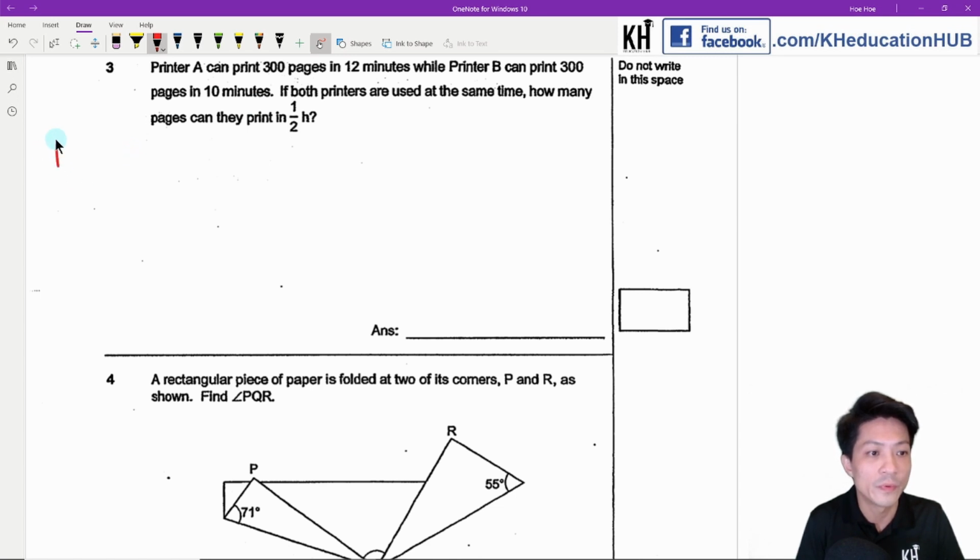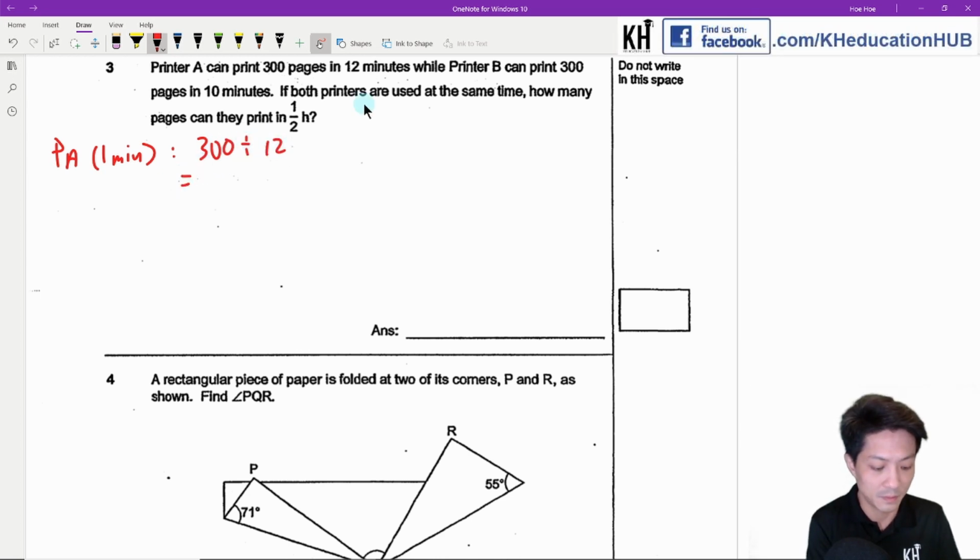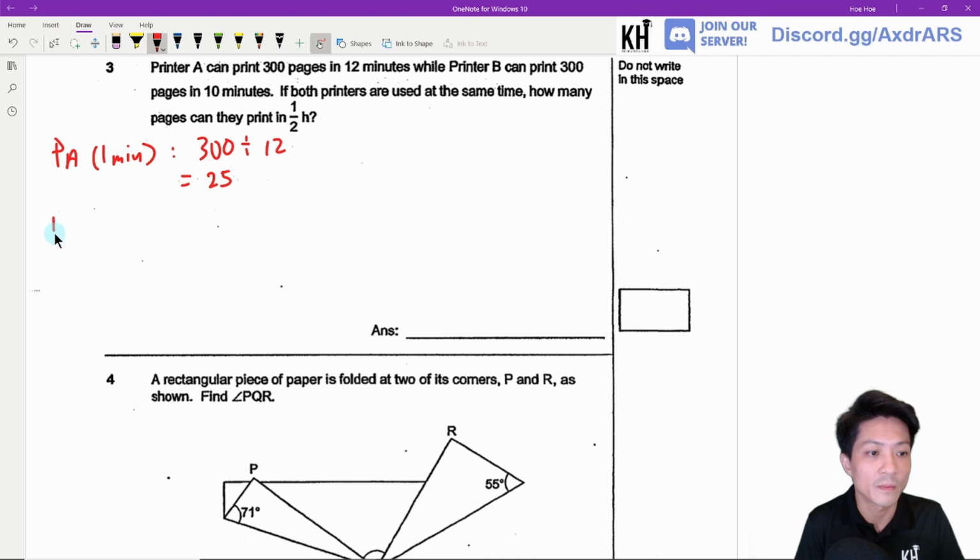Okay, so for printer A, we want to find out in 1 minute, how many pages can it print? It'll be 300 divided by 12. Okay, 25 pages.